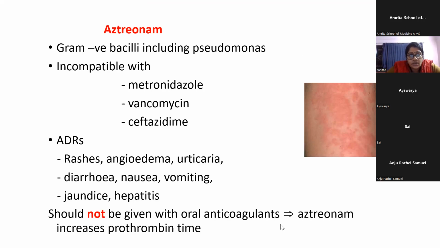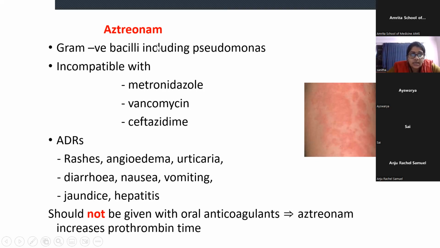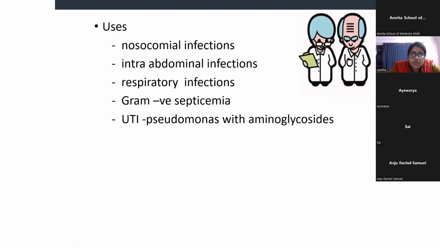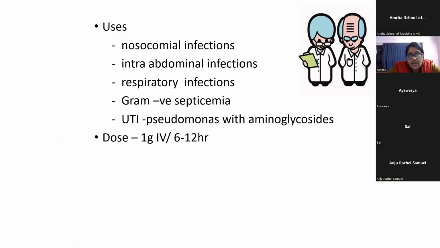There are issues with aztreonam, although it's a good antibiotic for gram-negative bacilli: we should be careful when we use it with anticoagulants, as it can increase the prothrombin time. It's useful for nosocomial infections, intra-abdominal infections, gram-negative septicemia, UTI, skin structure infections, etc. It can also be used in inhalation form for respiratory infections.